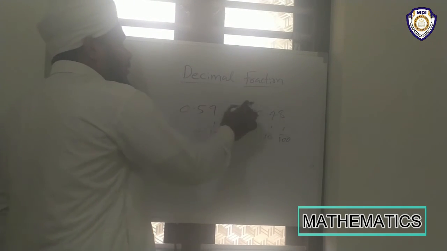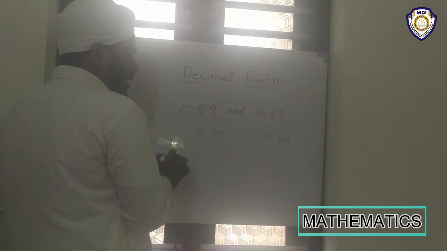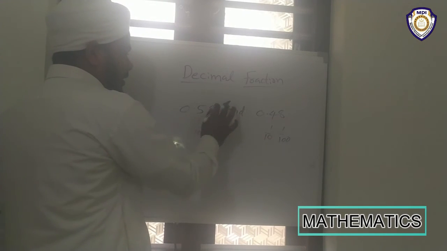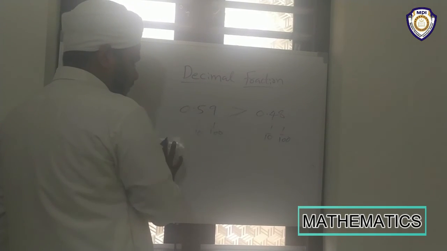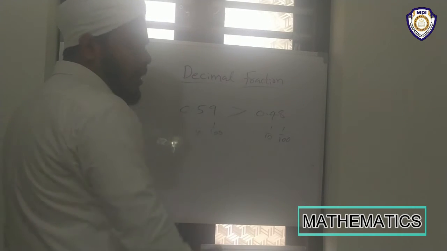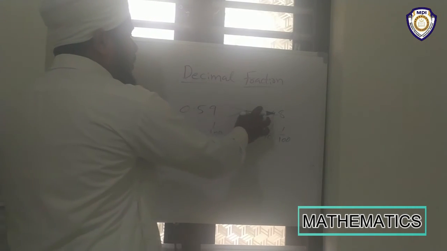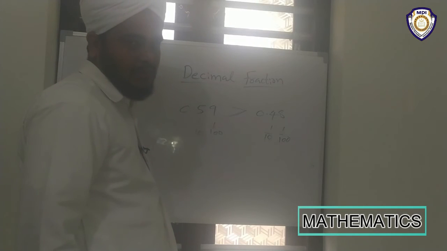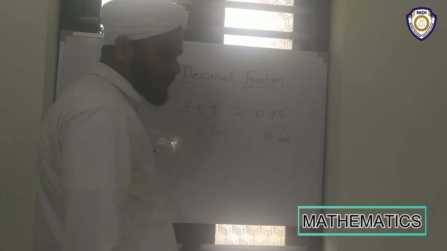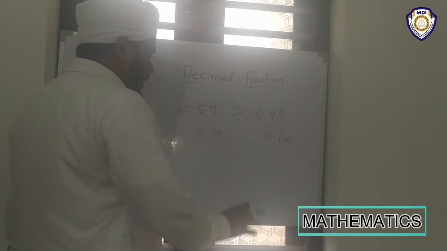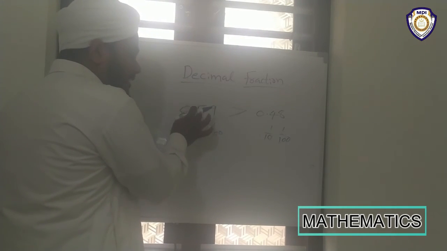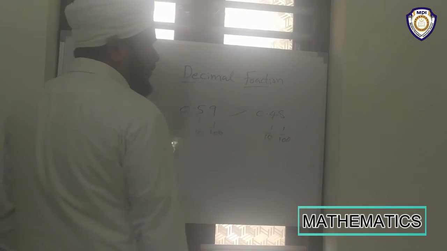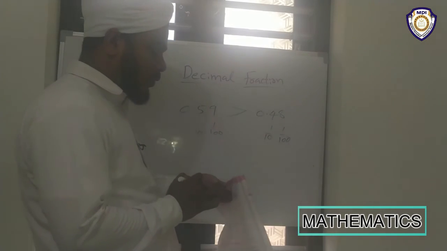Then we can write this is the largest number: 0.59, 0.48. You understand? There is no whole number, so we compare the digits in the place of tenths. These are the rules of comparison.